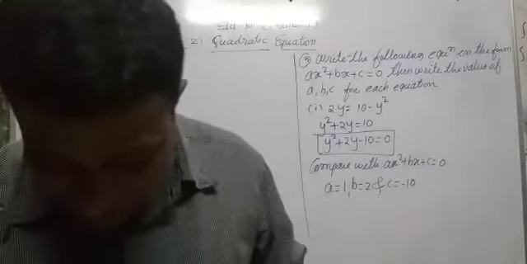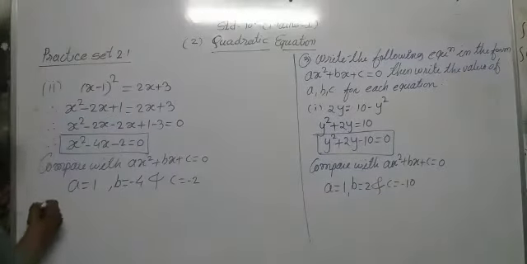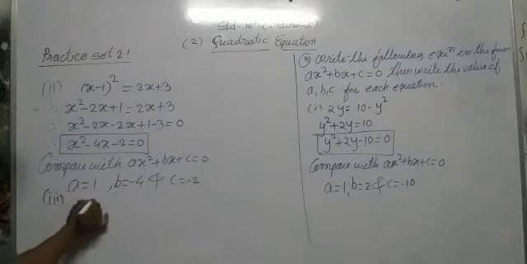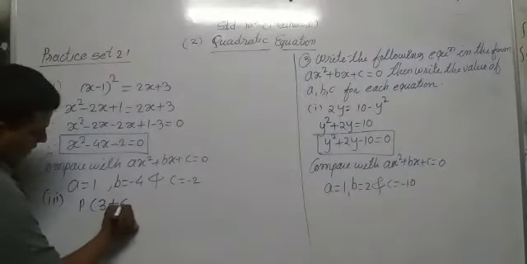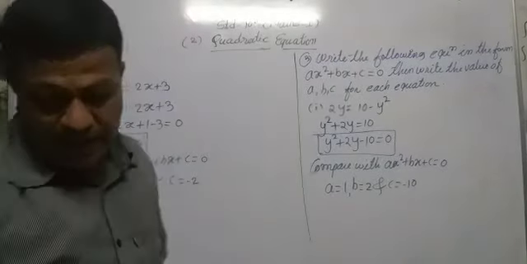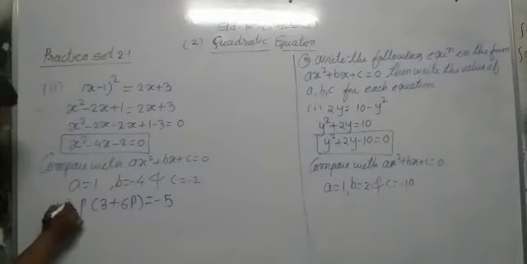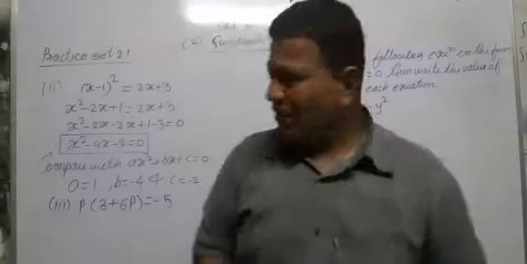Third example we write down here: p into 3 plus 6p is equal to minus 5. Our third example is, now, a so simple example you will try to solve it.